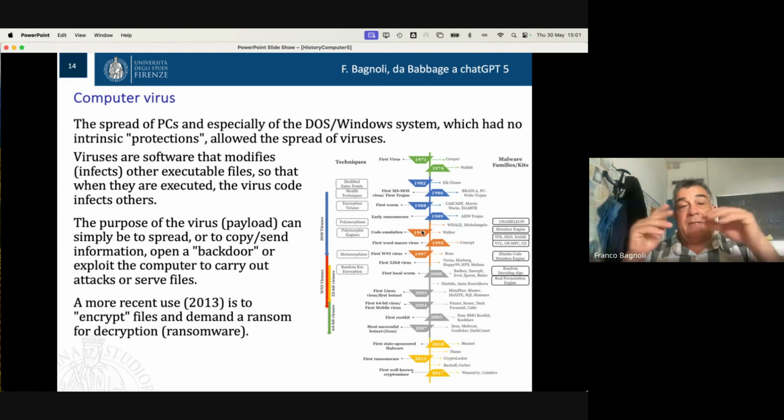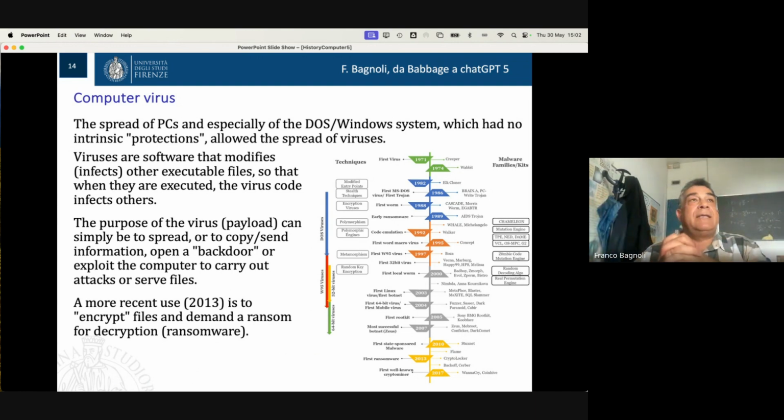And as you know, viruses can be thought of as composed of two parts. The first one is the virus itself, an executable that can infect other files, and then there can be a payload which can be used for doing several things.